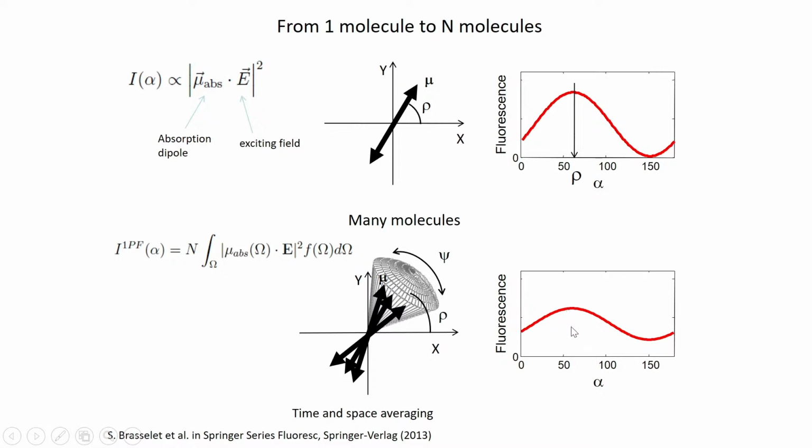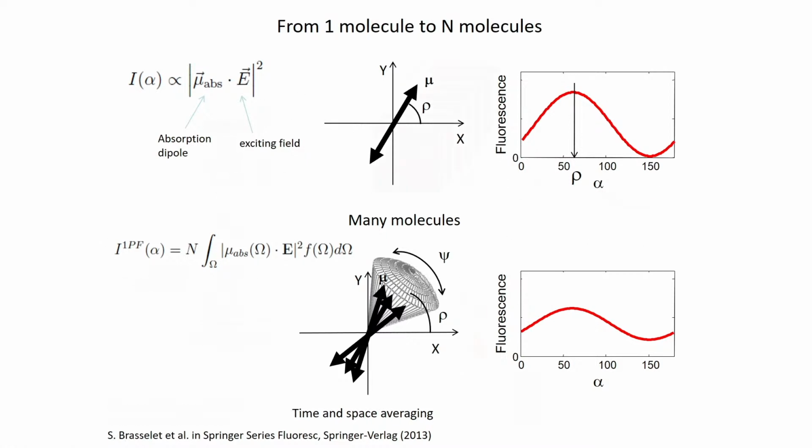So the loss of contrast of this curve is highly related to the organization of these many molecules. When they are exploring many different orientation angles, then I will tend to have a flatter modulation of fluorescence. And this is the signature for this molecular order angle.